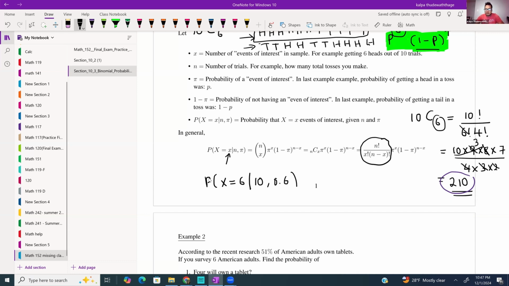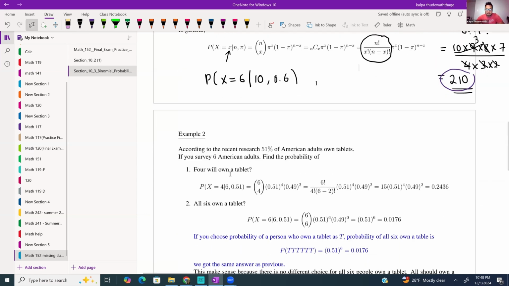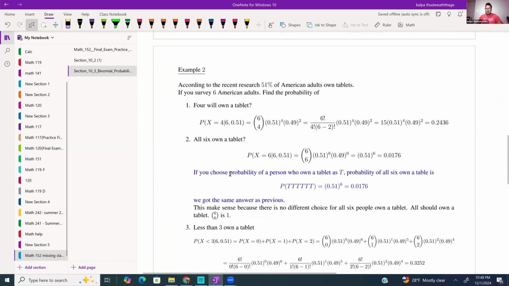So let me do one example, then you can understand what's going on here. This is my example. According to recent research, 51% of American adults own a tablet. So that means the percentage of owning a tablet is 0.51.